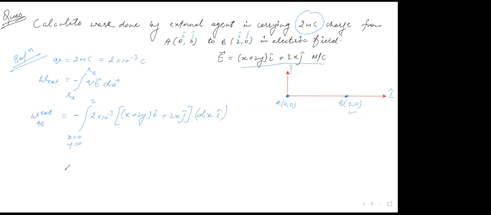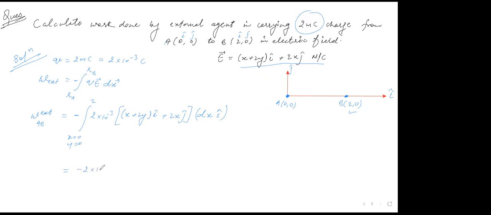Again, integration from x is 0 and y is 0 to the point 2. You can take 2 into 10 raised to the power minus 3 outside the integration.